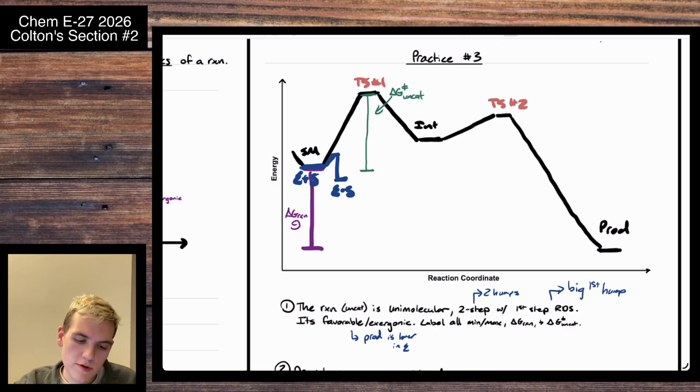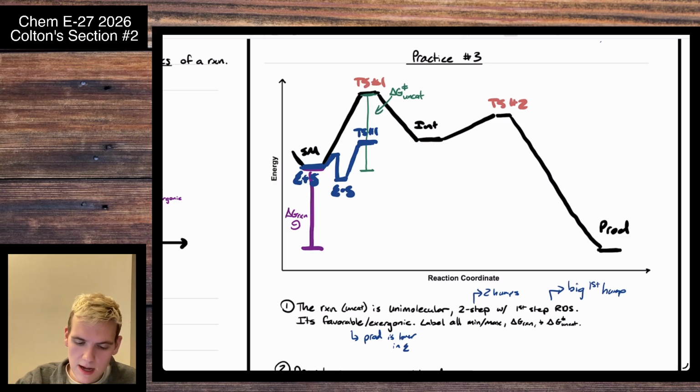So now we're going to do step 1, but we need to lower this gap. So if that's the original height, but now we're kind of going from here, we want our transition state here to be smaller than that. So I'm just going to put this is our transition state number 1.